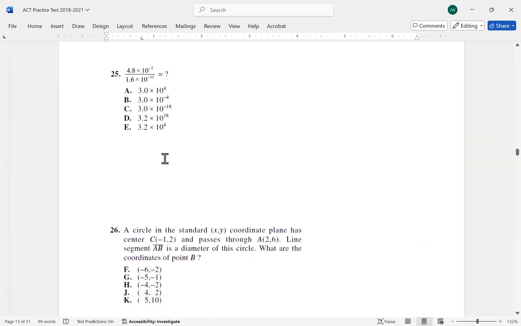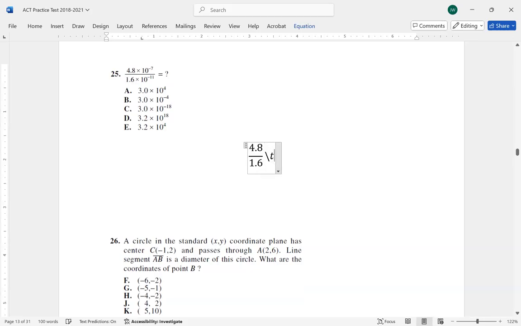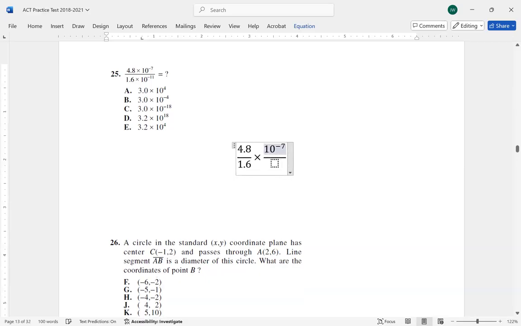Question 25. 4.8 times 10 to the negative 7th divided by 1.6 times 10 to the negative 11th is equal to what? So what I would end up doing is take 4.8, divide that by 1.6, and then take 10 raised to the negative 7th power, and divide that by 10 raised to the negative 11th power.